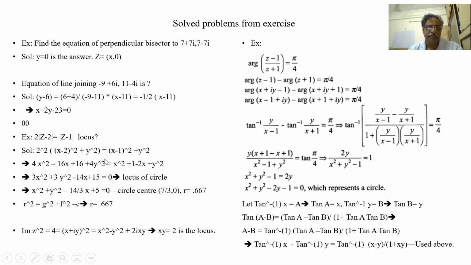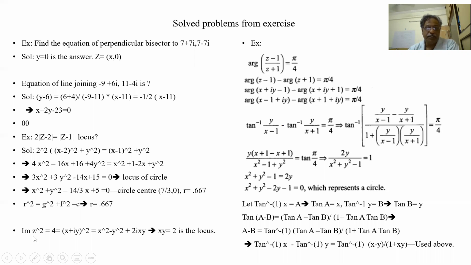When I simplify this, I get a circle equation: x square plus y square minus 14 by 3 x plus 5 is equal to 0. With 2g x equal to 14 by 3, 7 by 3, 0 is the center, and the radius squared is g square plus f square minus c. So that is around 0.667.